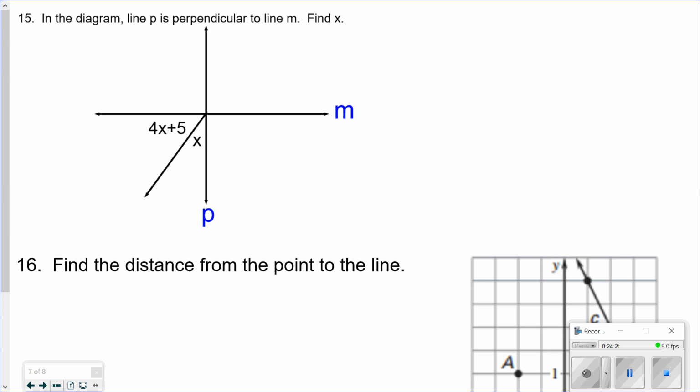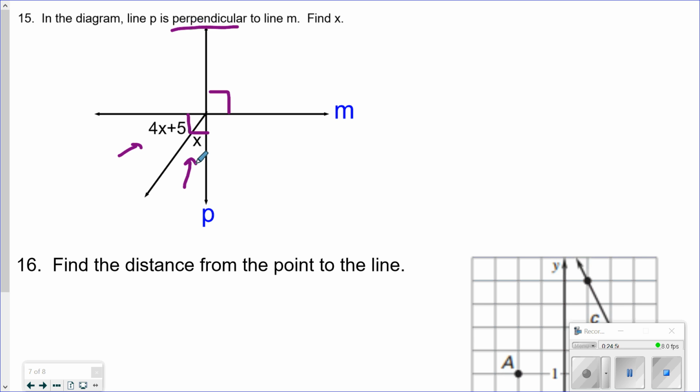All right, for number 15, in the diagram, line P is perpendicular to line M. We want to find the value of x. So perpendicular means that they create a 90-degree angle, which means this is also a 90-degree angle. So if I add up these two angles, they are going to be complementary, which means add up to 90 degrees.